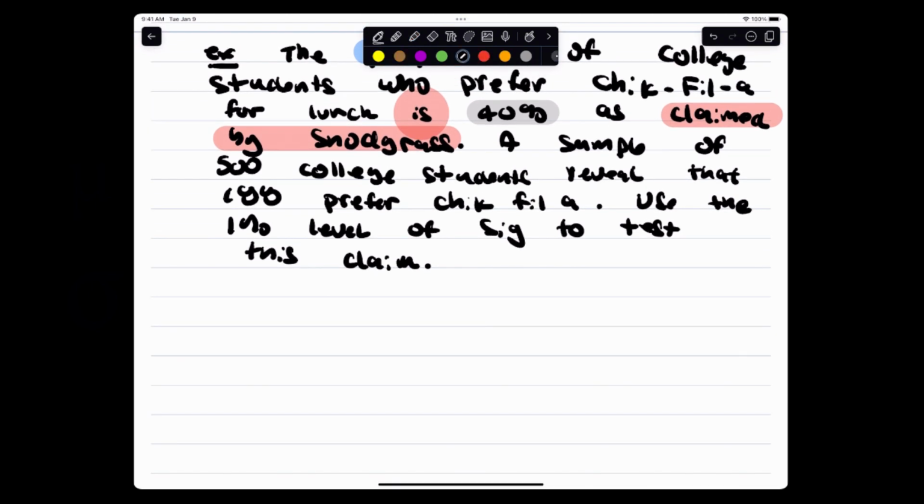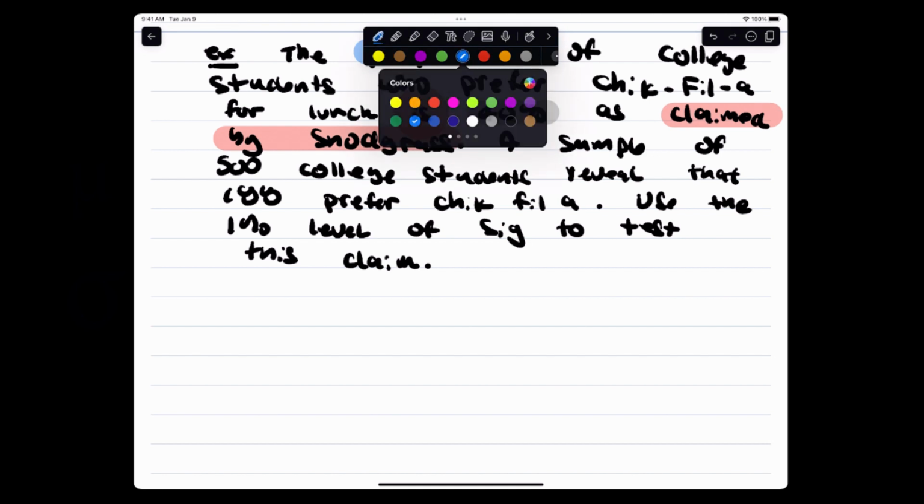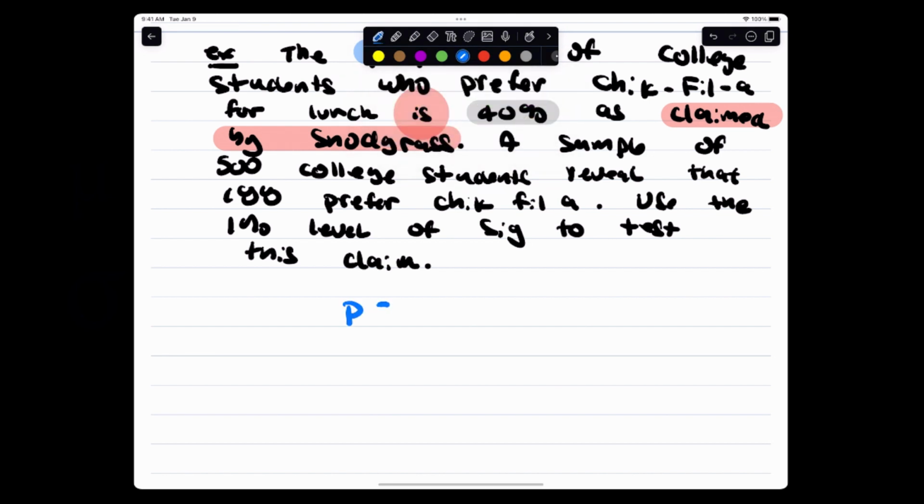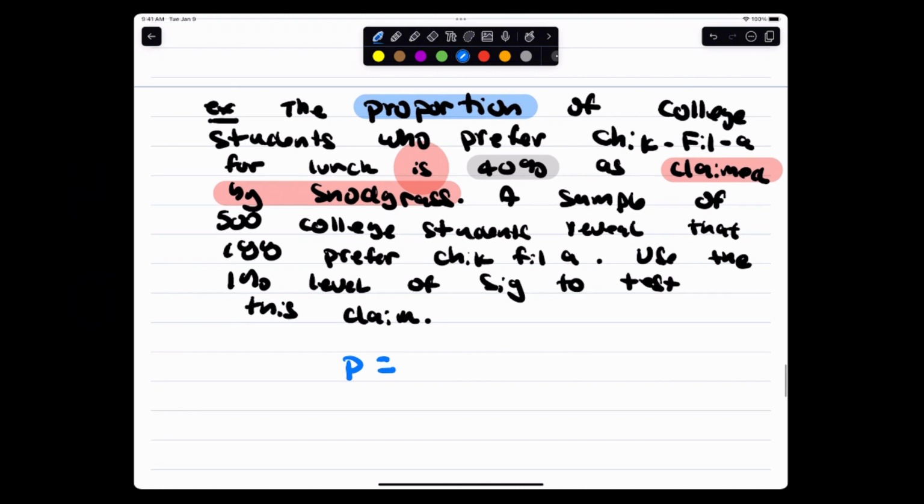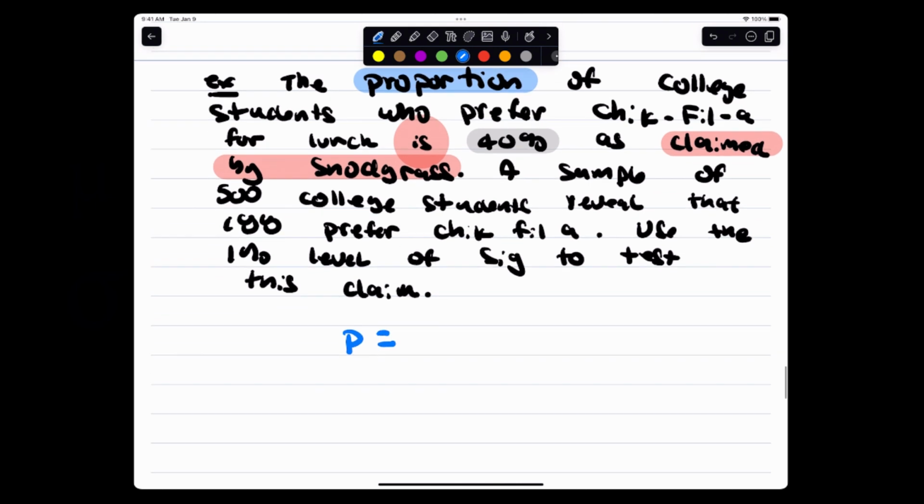So once I read that, translate this. What does the translation become? Proportion of college students who prefer Chick-fil-A for lunch is 40%. Isn't that P equals 0.40? And isn't that the claim? That's your claim.